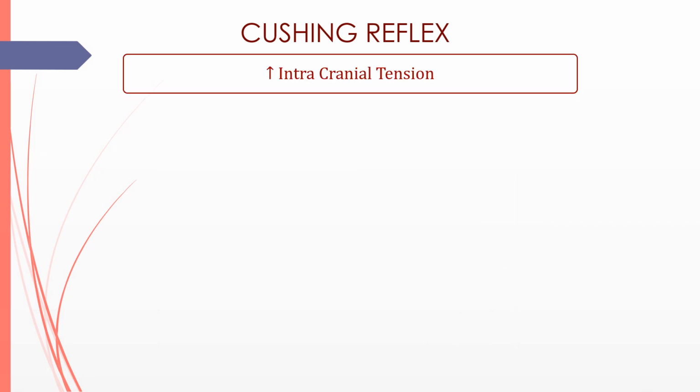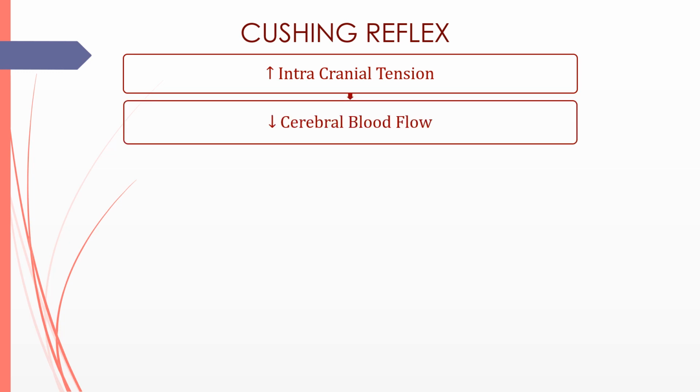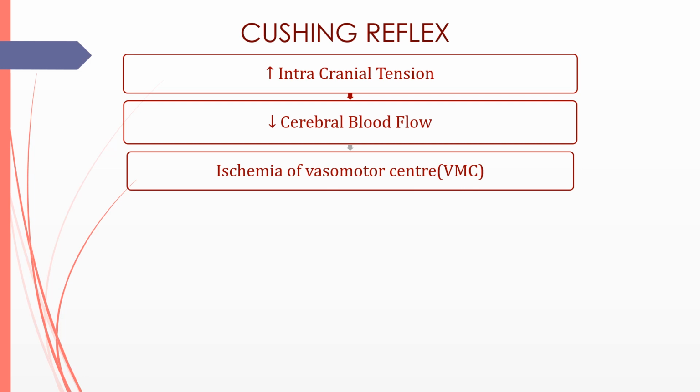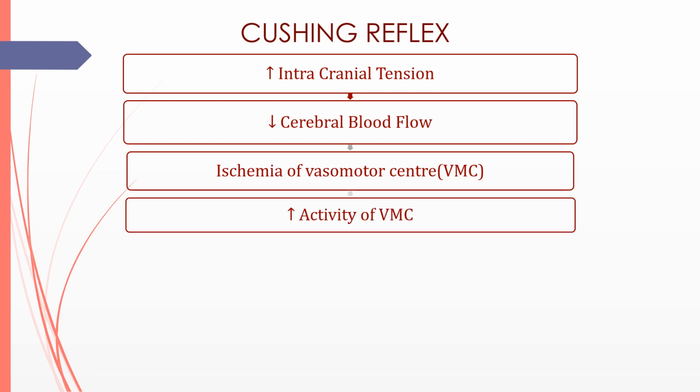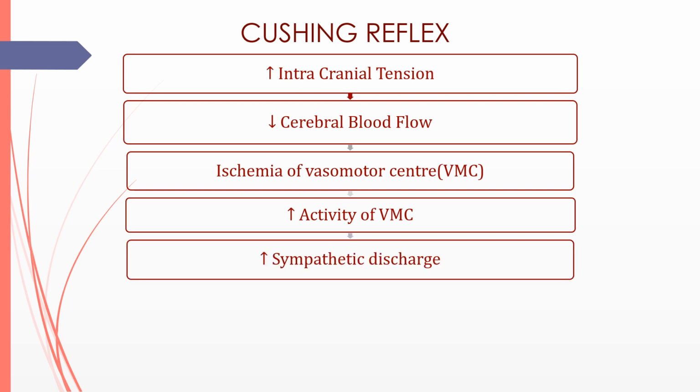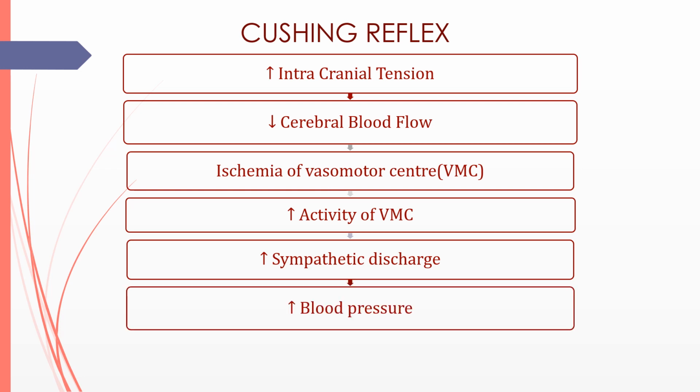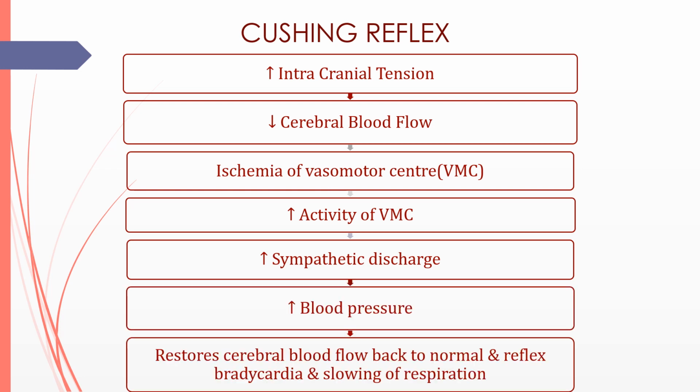Now the Cushing reflex. When there is a rise in the intracranial pressure, that decreases the cerebral blood flow, which causes ischemia of the vasomotor center. That increases the activity of the vasomotor center and releases sympathetic discharge, which causes an increase in the blood pressure.